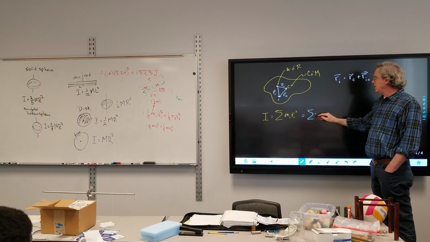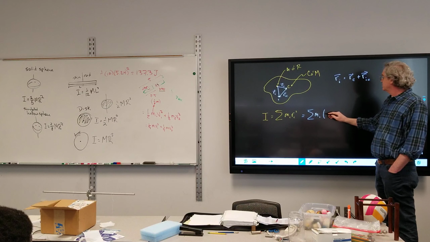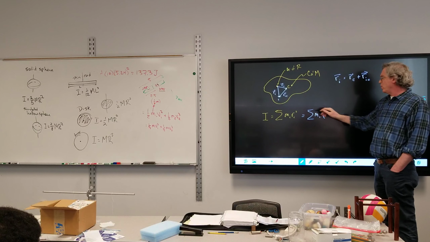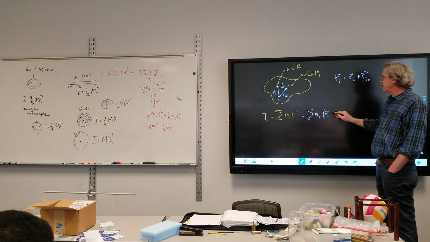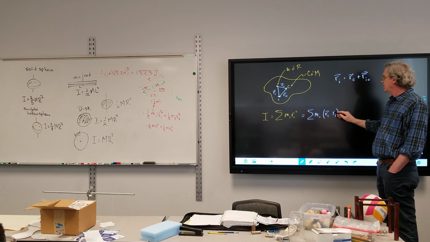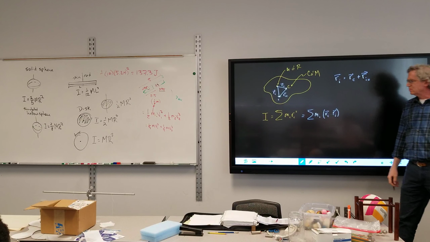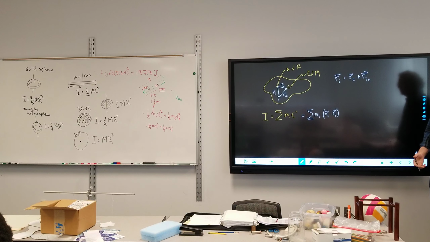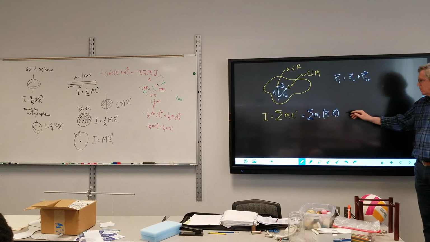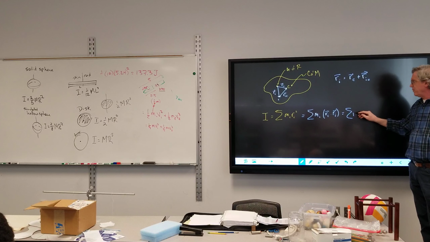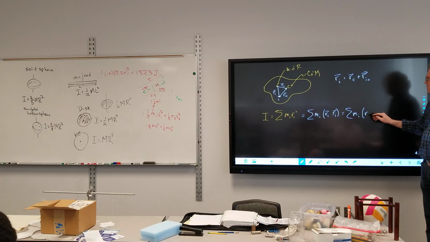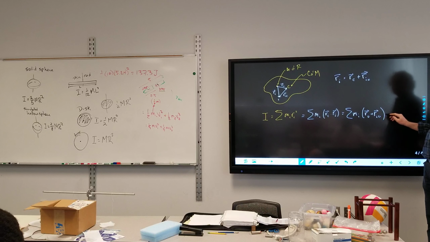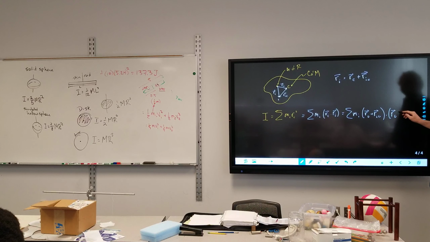So this would be m sub i times, well, r i squared is the same as r i dot r i. Any vector that does a dot product with itself is just the magnitude squared, which is the sum of m sub i times (r c plus r ic) dot (r c plus r ic).